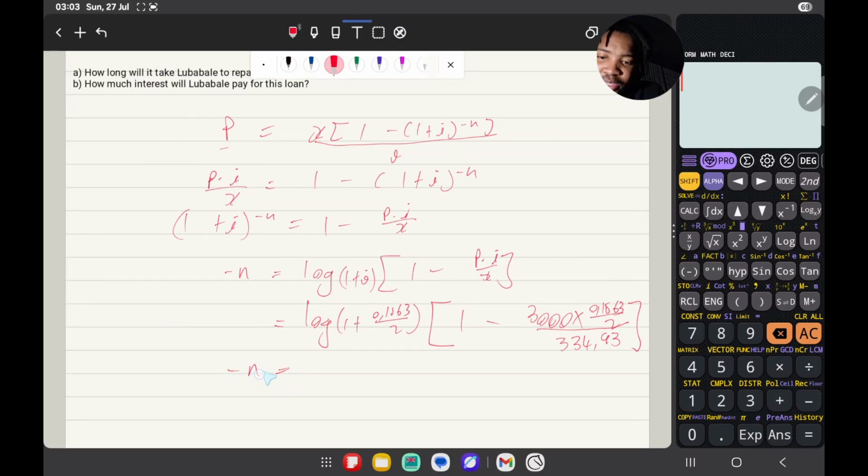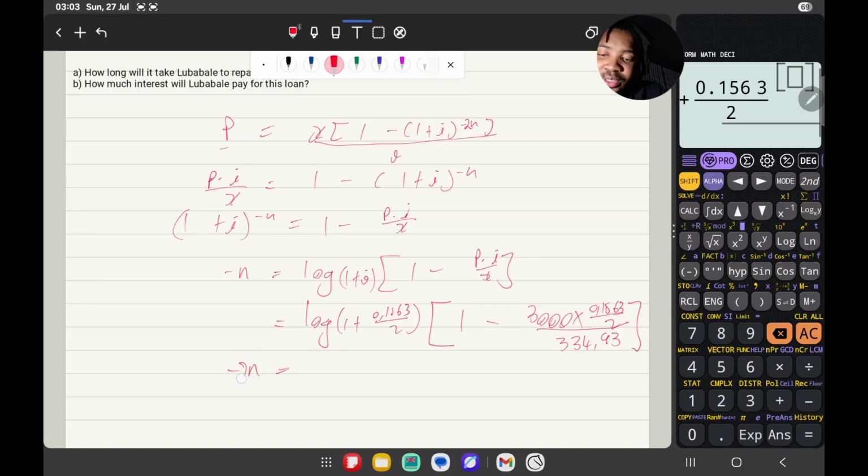And therefore minus n is going to be log base 1 plus 0.1563 over 2. Oh, by the way, this is going to be 2 here, because it's compounded twice a year.